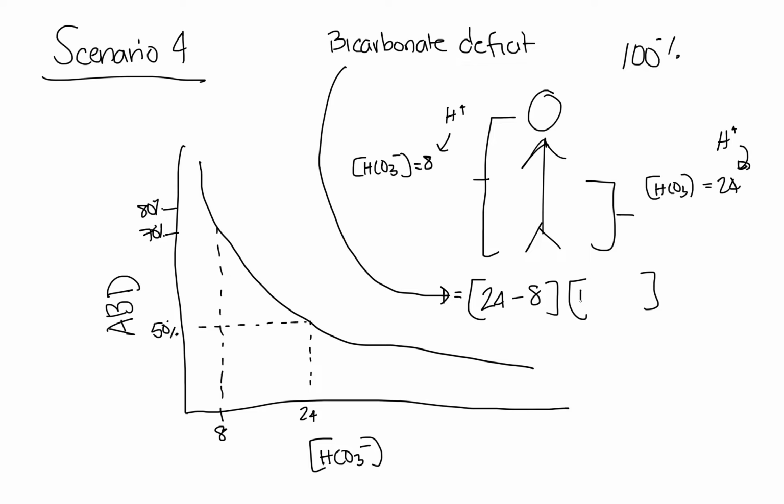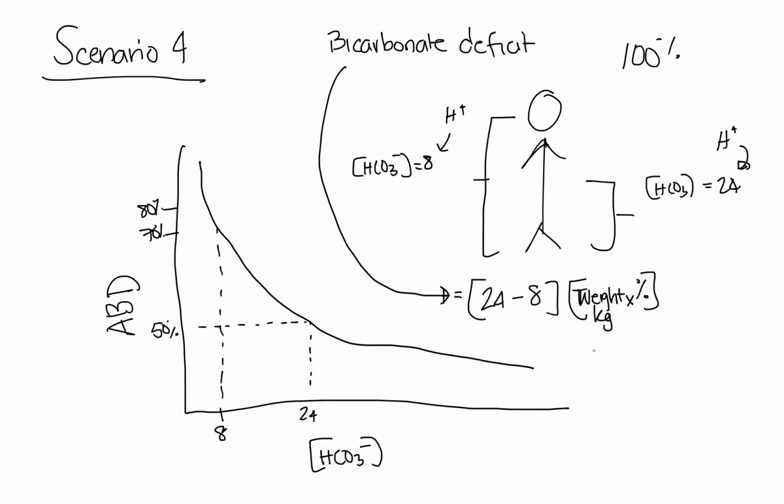So this is going to be our total body, this is going to be our weight, rather. Our weight in kilograms times the percentage that we've deemed to be part of the acid-base management. So, for example, with a bicarbonate of 8, roughly 70 to 80% of our body is involved in acid-base management.